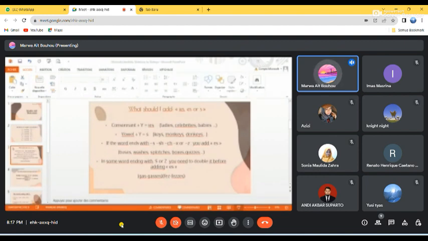That's why I said that I reviewed the lesson, and then I summarized it, taking the most important rules that we have to follow.